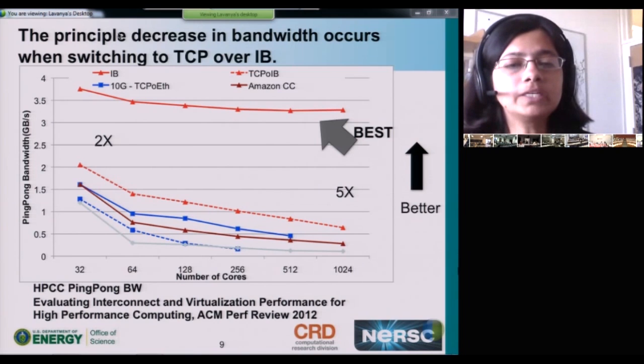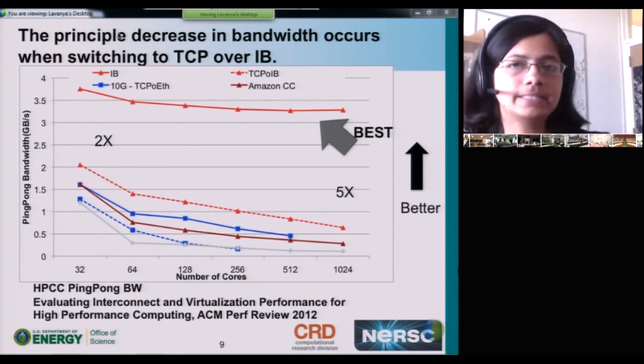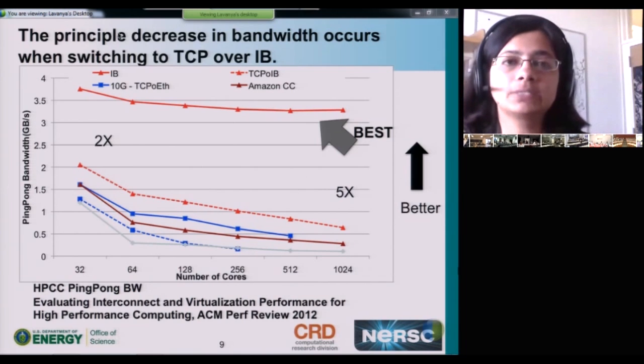So what you're seeing here, in the next two graphs, I'm going to show how the bandwidth does for different configurations. This is all run except Amazon CC, which is marked here with the triangles and the, I guess, maroon line. Everything else happened on the Magellan testbed, just with different configurations.